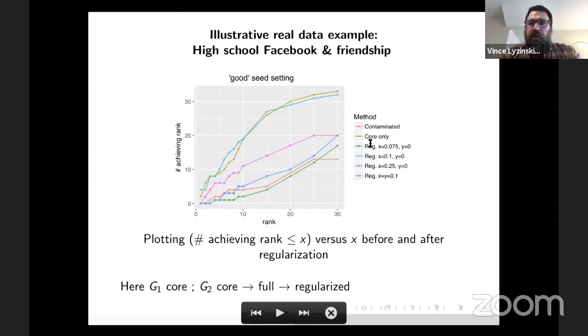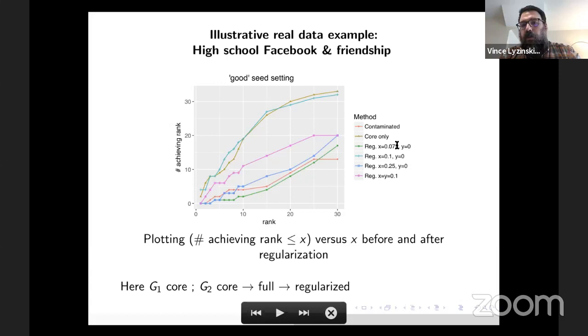You can see that this goldenrod colored line is when we have no junk, no contamination at all. Higher here is better, and it's doing fairly well. The red line is the contaminated setting, and once you contaminate, you see a marked decrease in performance.